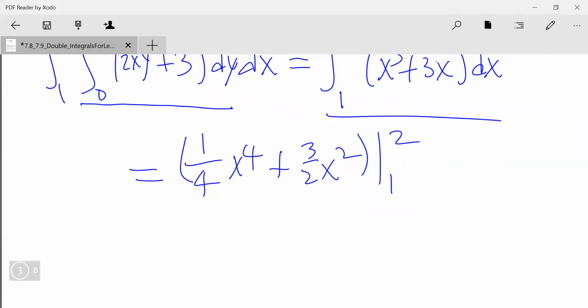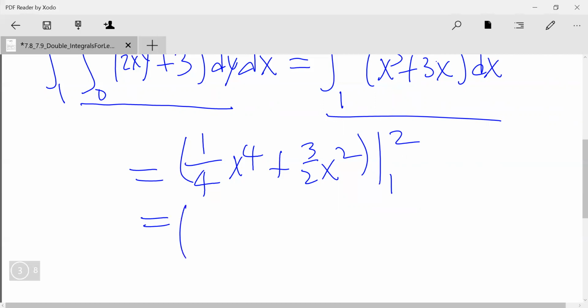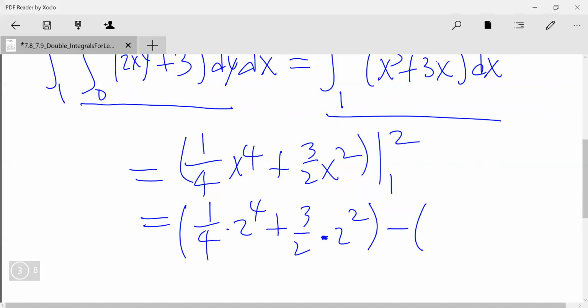So when x equals 2, we get 1/4 times 2 to the 4 plus 3/2 times 2 squared, right? And then when x equals 1, I get 1/4 plus 3/2.